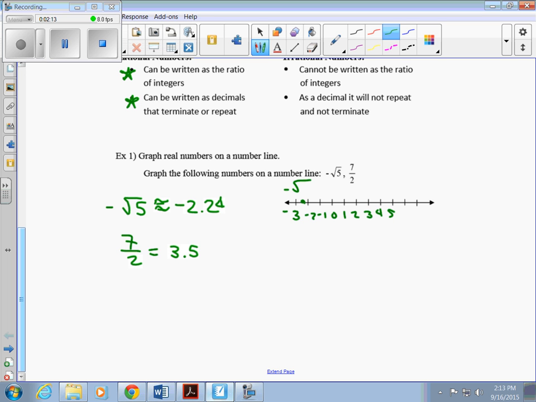So this is the negative square root of 5, and here is 7/2. When we graph these, the dot represents where they occur. And again, we want to write the numbers that we are graphing on there. So that's how you graph numbers on the number line.